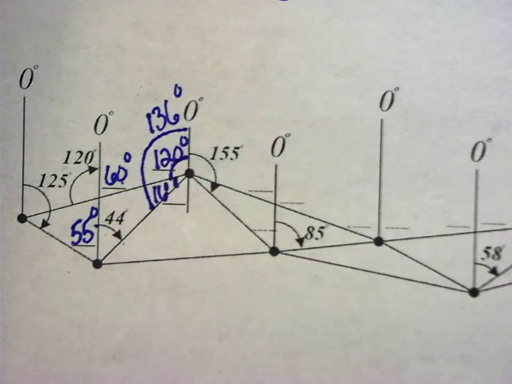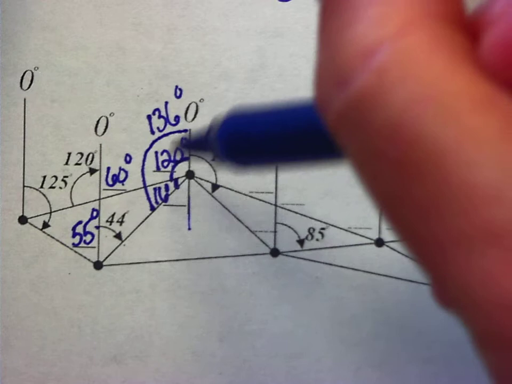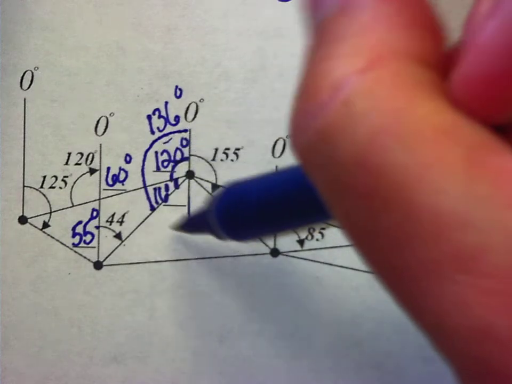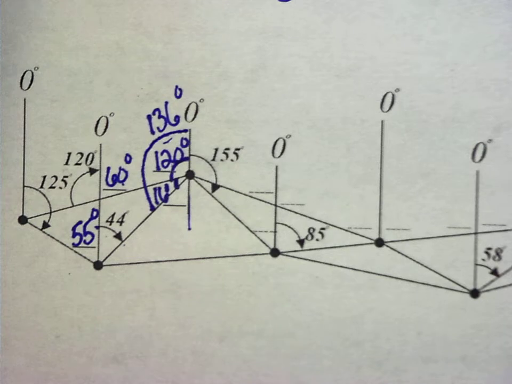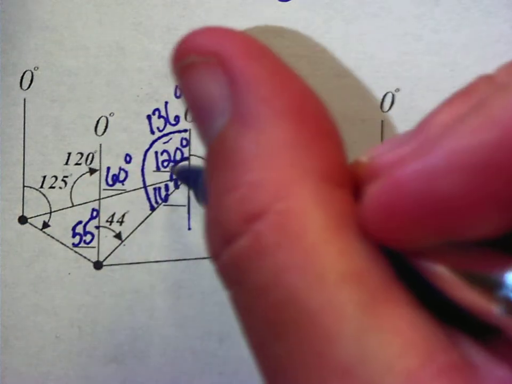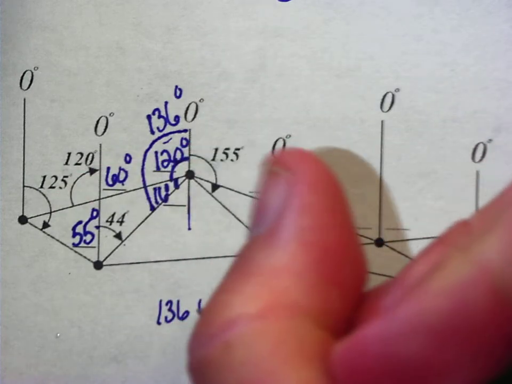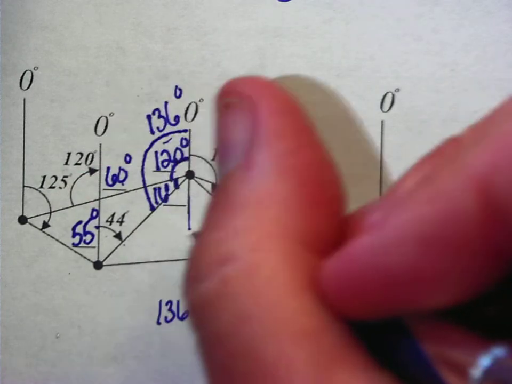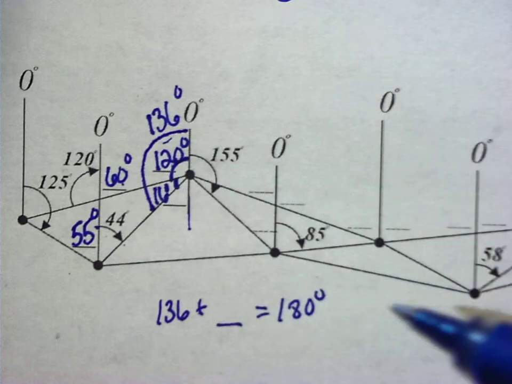Now, because we have a straight line here, and we have all of these angles along that line, these three angles have to add up to 180 degrees. So we have 136 by the top two parts of this angle, and it has to add with this other unknown angle to give us 180 degrees.